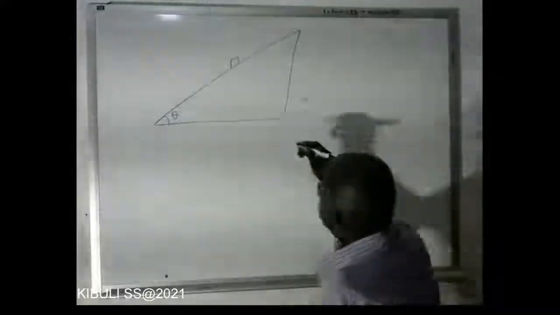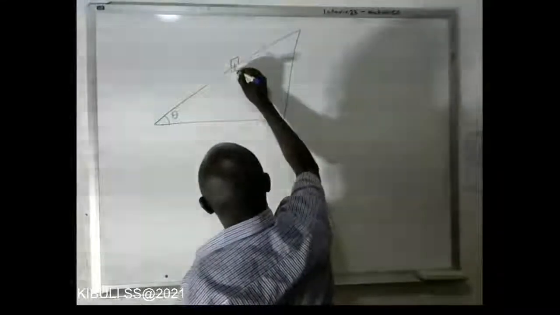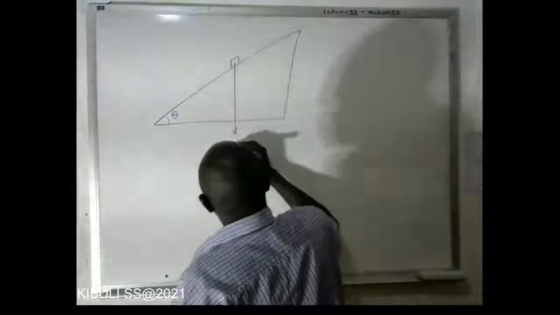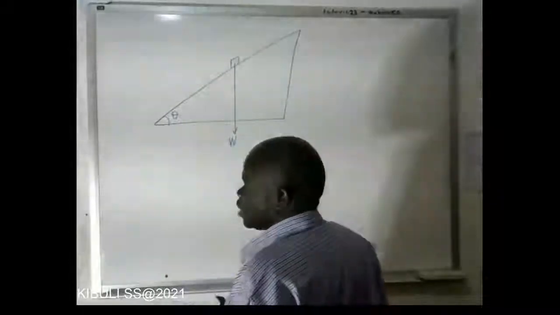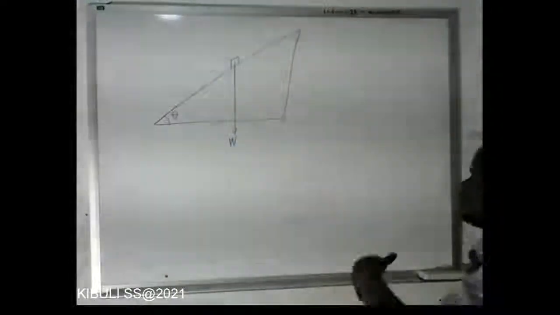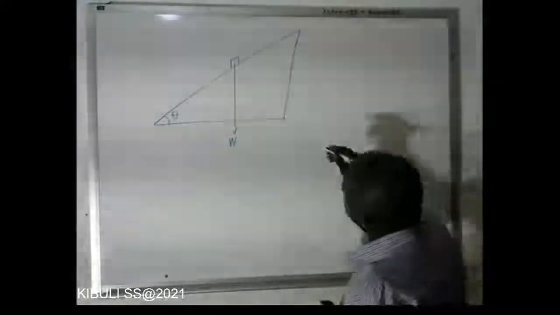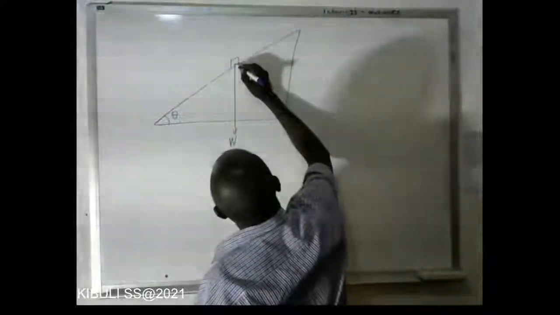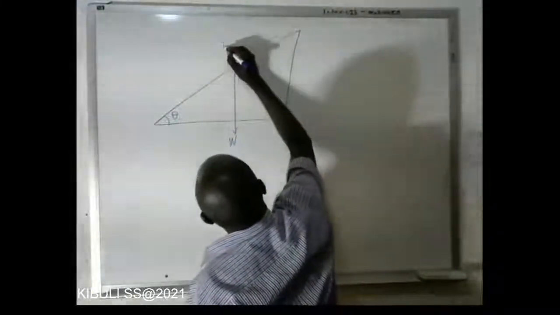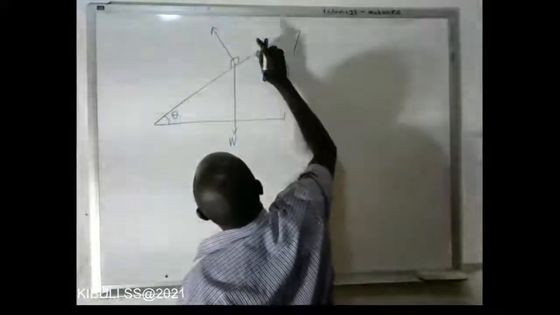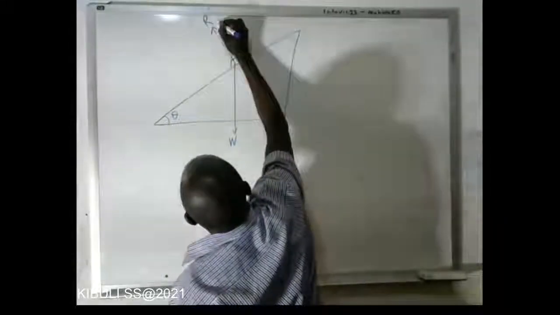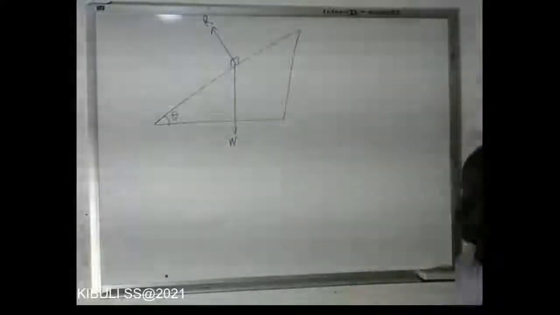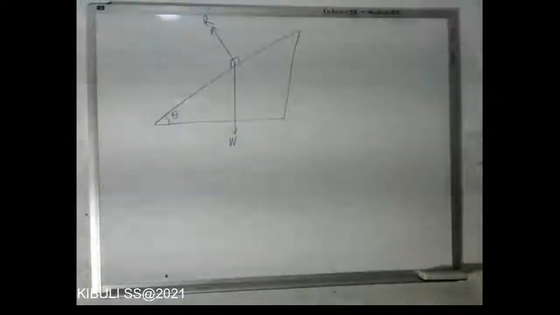The weight of this body, according to the statement, is W, and it must be acting vertically downwards. The normal reaction will be perpendicular to the plane at the point of contact. So that is the normal reaction between the plane and the body.